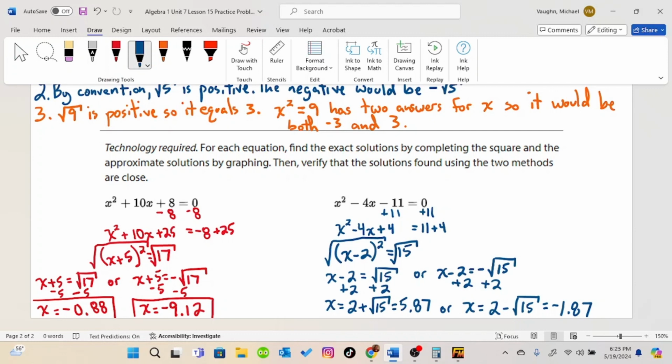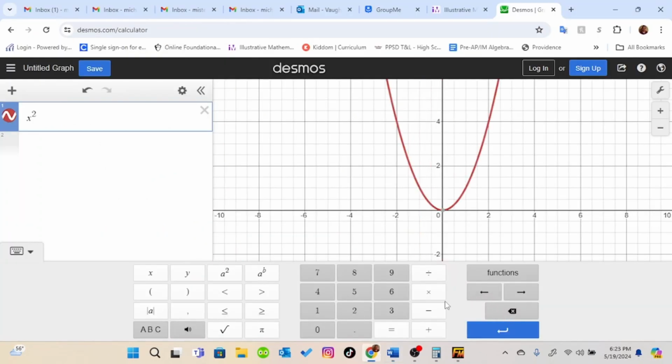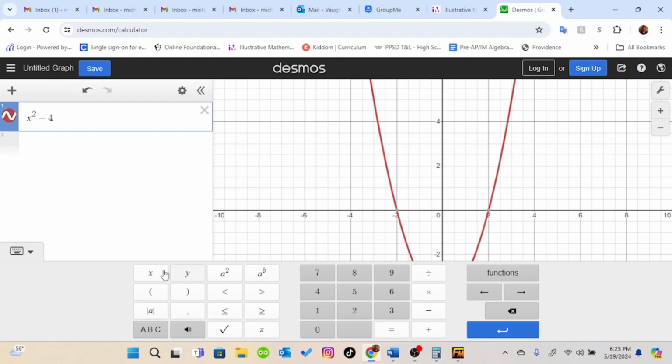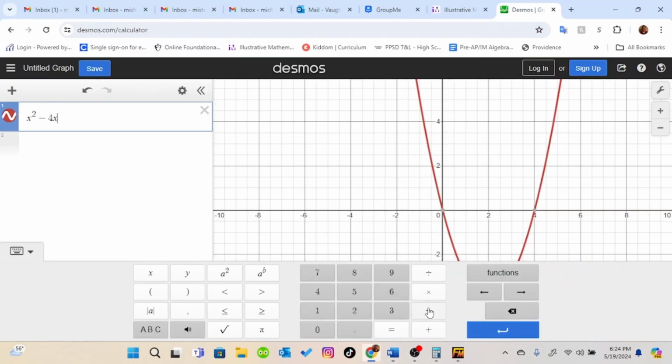Now we'll look at the other one. We have x squared minus 4x minus 11 equals 0.